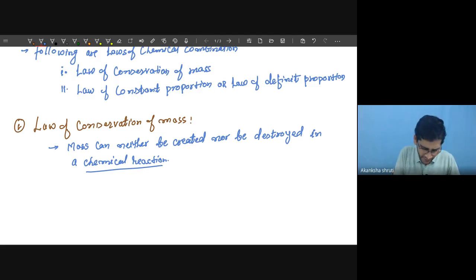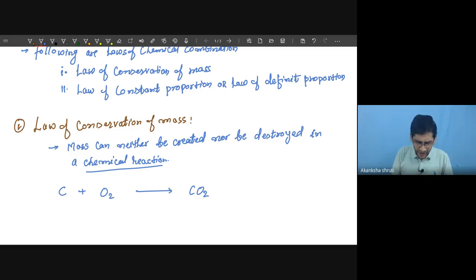Students, if you are taking carbon, say wood is also carbon, and you are burning it, it means it is combining with oxygen. So carbon, while burning, can give you the gas or new compound called carbon dioxide.